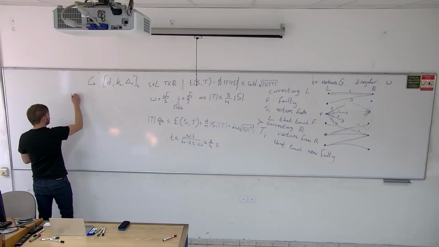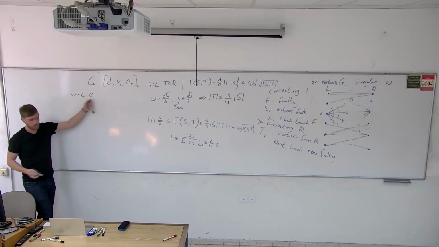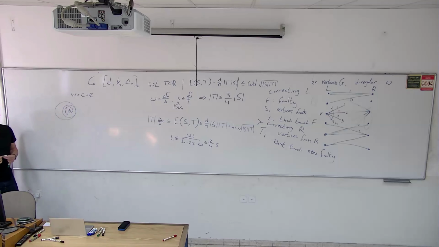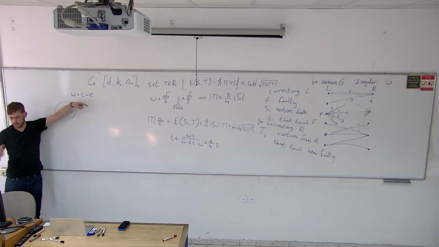We had W equals C plus E, and E evolves over time. We get C, and we get somewhere near, and the error evolves until it collapses to C. We track the errors, the E, as it evolves.